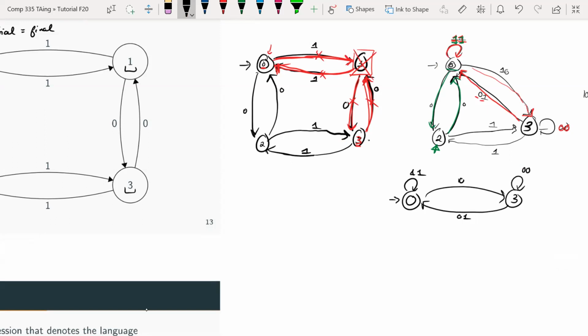Either I can read 2 1s and then I stay at the same place, or I can read 2 0s and I stay at the same place. The same thing can be said for 3. So for 3, if I read a 1, I go to 2, and if I read another 1, I go back to 3. So there's another self loop.